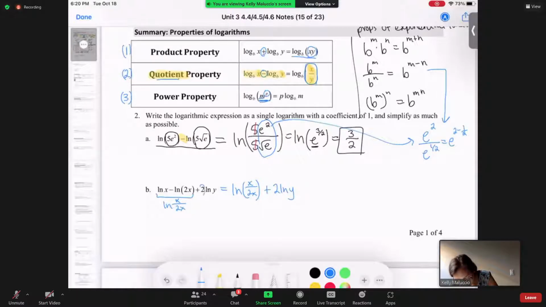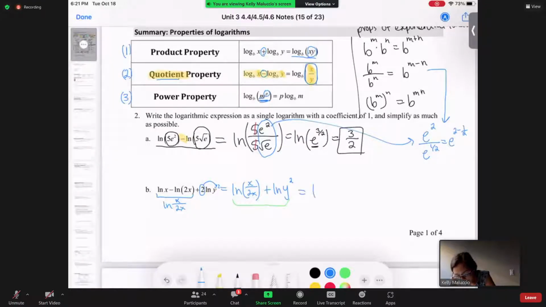And actually, maybe I will do a few steps in one here. This 2, I'll bring it in as squared, right? So in this case, we have ln x over 2x plus ln y squared. Now combine these two, and you could simplify first if you really wanted, like the x over x, we can get rid of x, but I'll keep it and simplify at the end, just so you see.